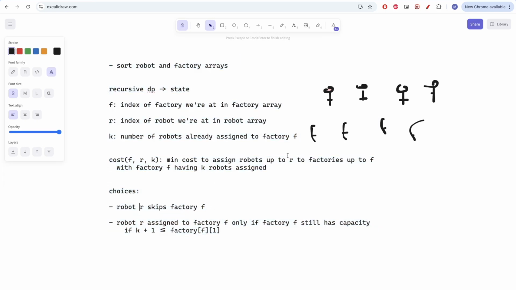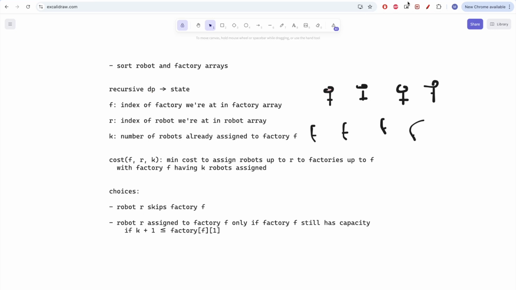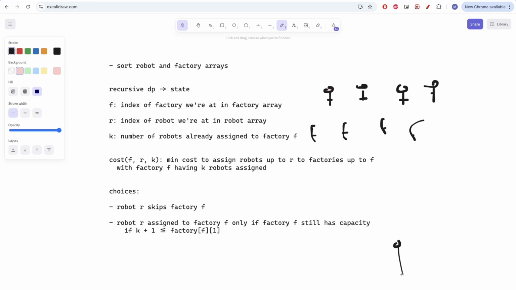Now, one thing I want to mention here is that, let's say maybe we had just 2 robots, but a lot of factories. Okay.